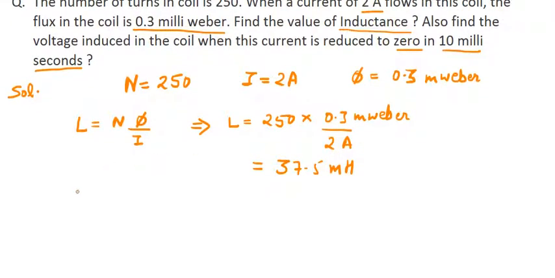Now the second part of the question is to find voltage induced in the coil. So let's take the equation. Voltage V is equal to L di by dt.